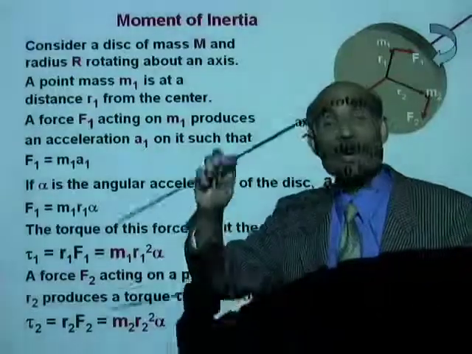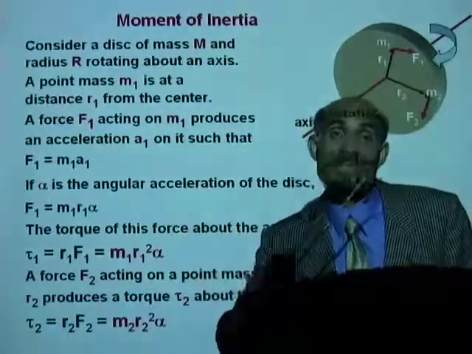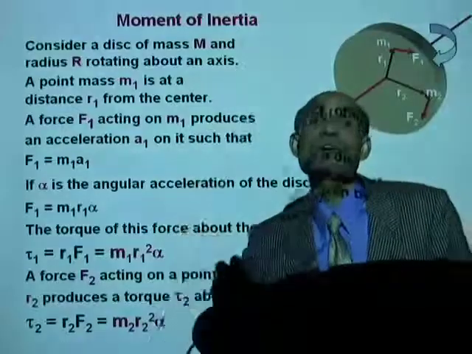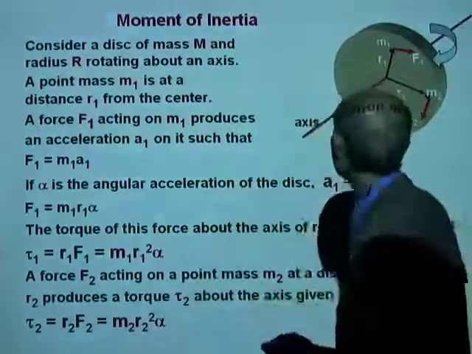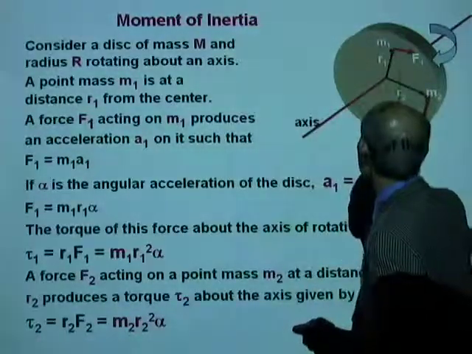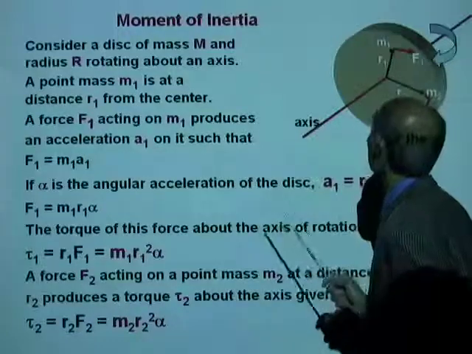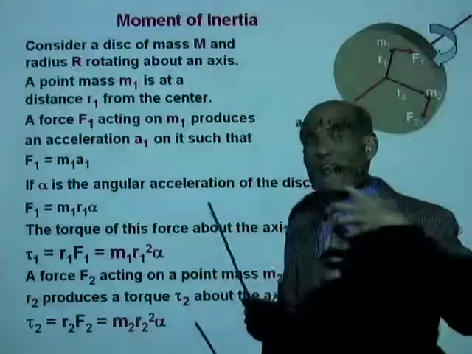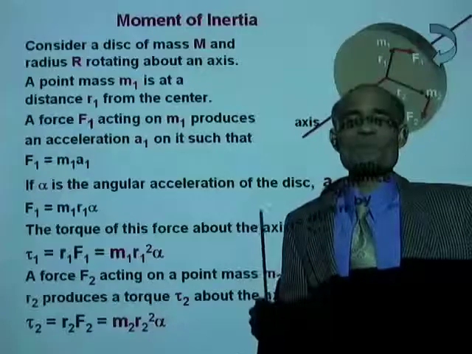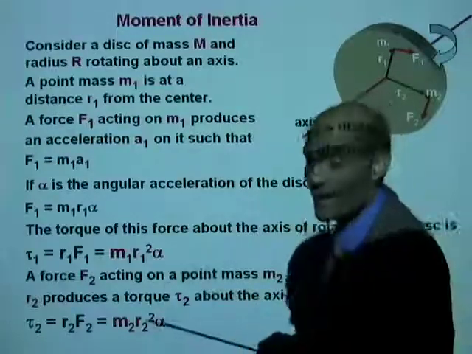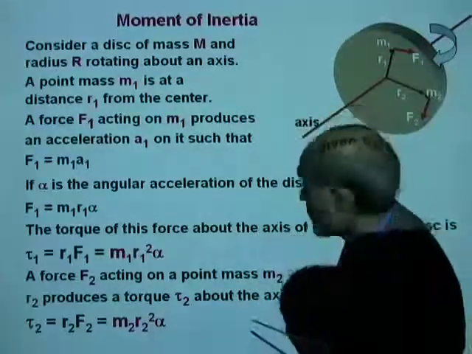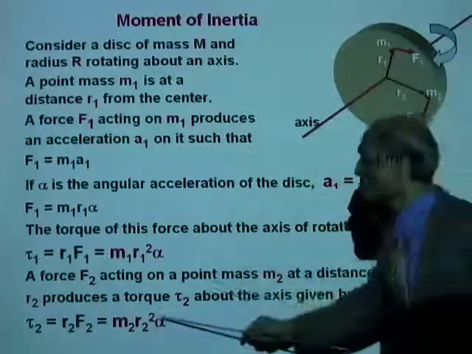Why? Because all the particles describe the same angle in a given time. Therefore, this mass m2 and this particle of mass m1 and any other particle on the disk will all have the same angular acceleration, which is alpha.